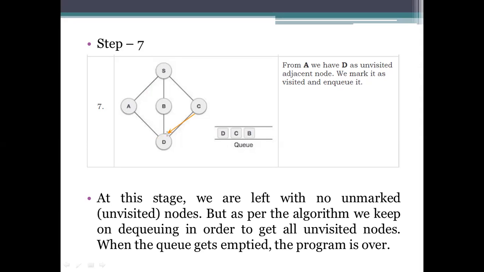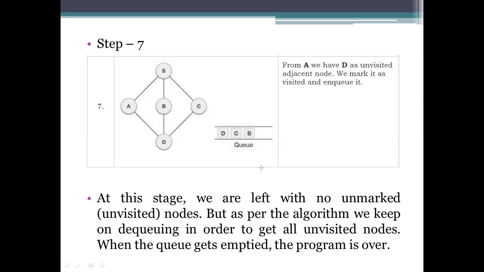So C, and then next you display it and store it in the queue. And go to see whether there are any edges for that one. D doesn't have any edges here, so it stops there itself.